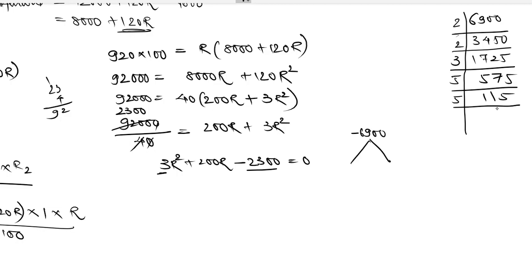Again 5 2s are 10, 5 3s are 15, and 23 ones. Let's see how we get 200 over here. 12 5s are 60, 5s are 300. 23.